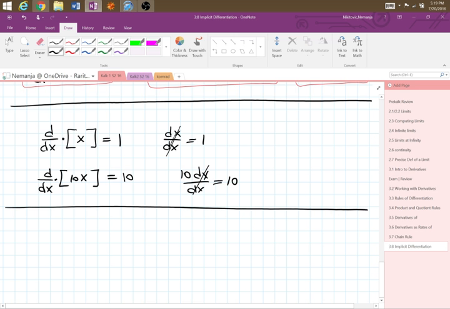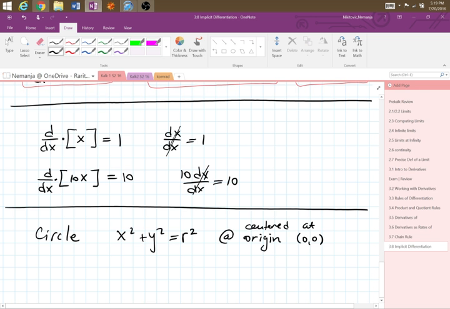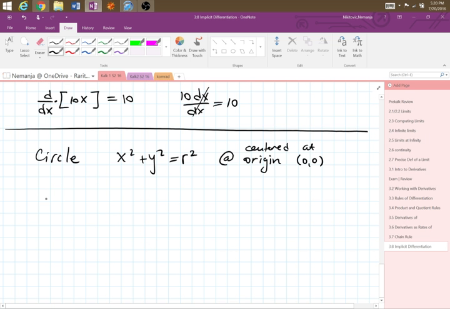Now let's look at the circle. X squared plus y squared is equal to r squared. This is centered at origin, which has coordinates 0, 0. So I asked earlier, what's happening with x squared plus y squared is equal to 9?